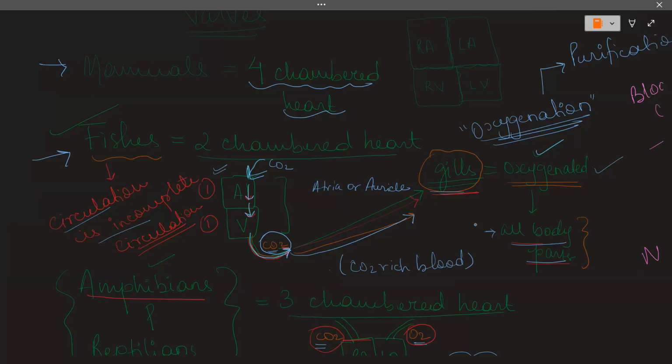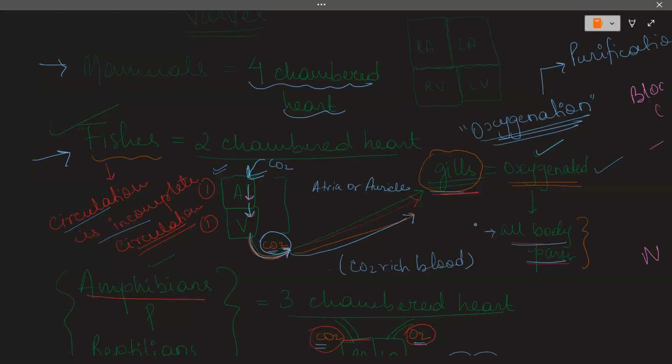The circulation in fishes is known as incomplete circulation, because the ventricle pumps out deoxygenated blood. Full stop.